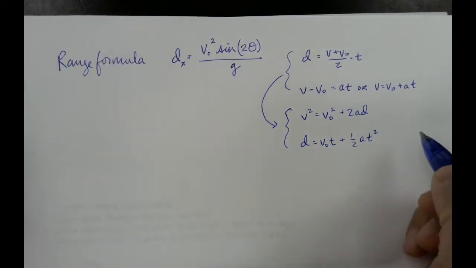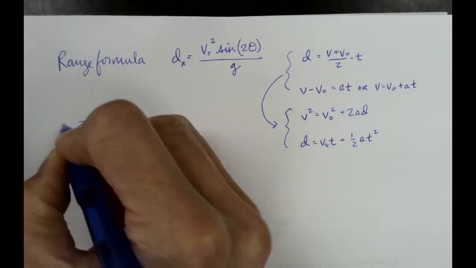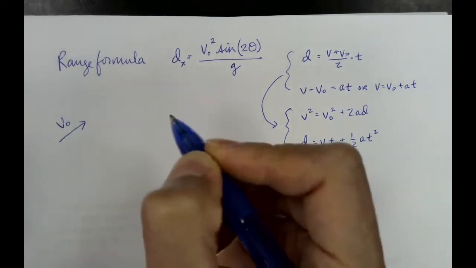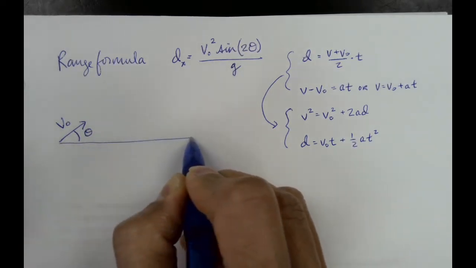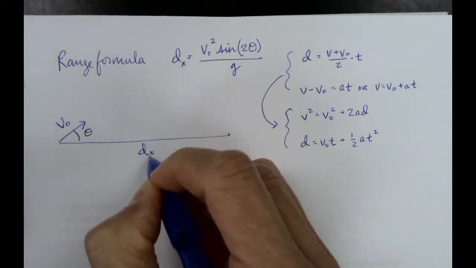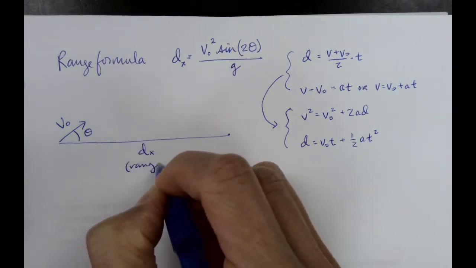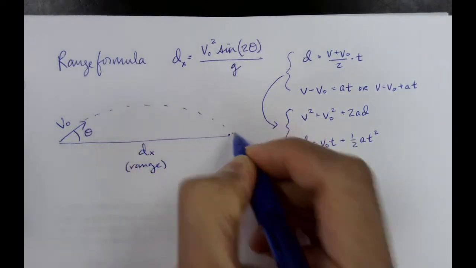Well, it comes from, so here is our initial velocity at an angle theta, and we're looking for the range, I'll call that displacement, in the x direction.